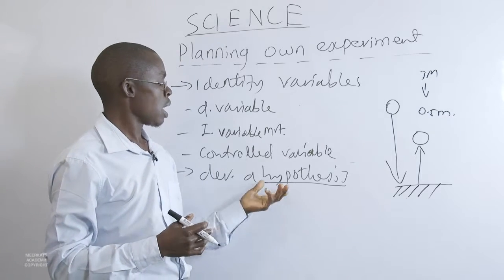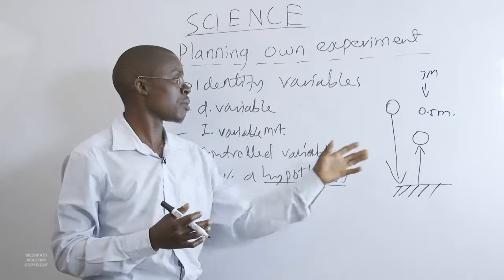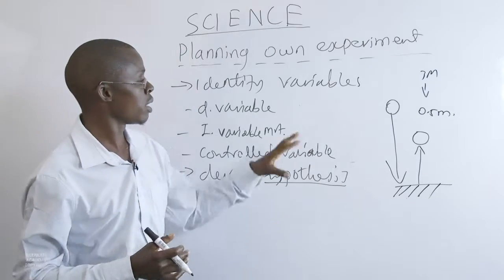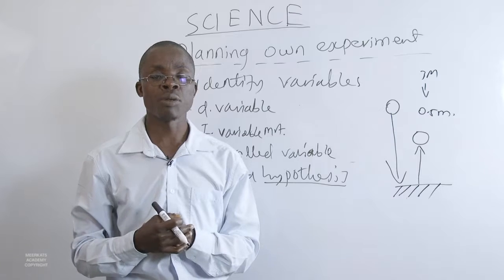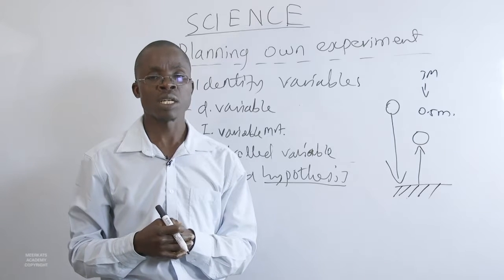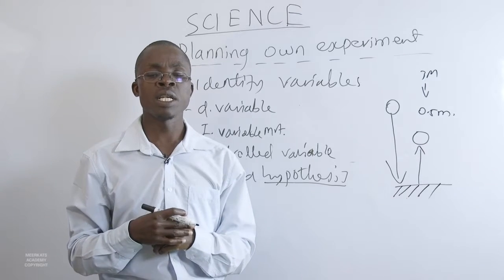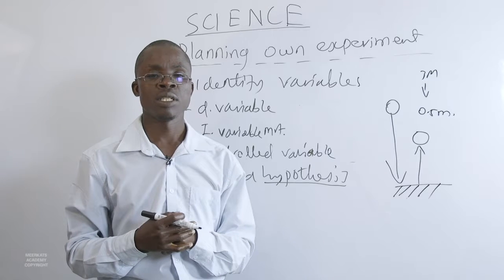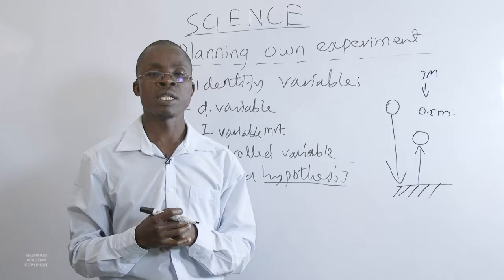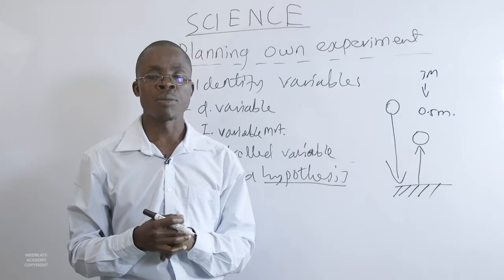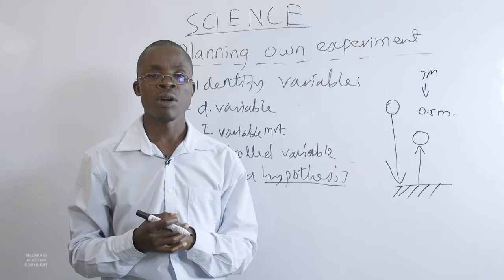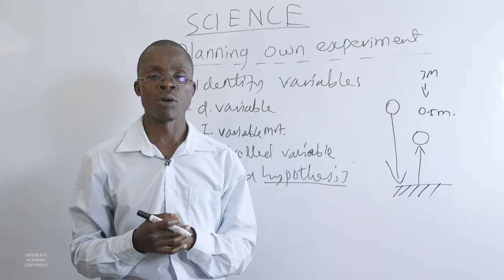So from there, I can now make a hypothesis in my experiment, having made all the others clear. And the hypothesis can be, I think, an increase in the dropping height of the tennis ball will increase the bouncing height of the tennis ball.